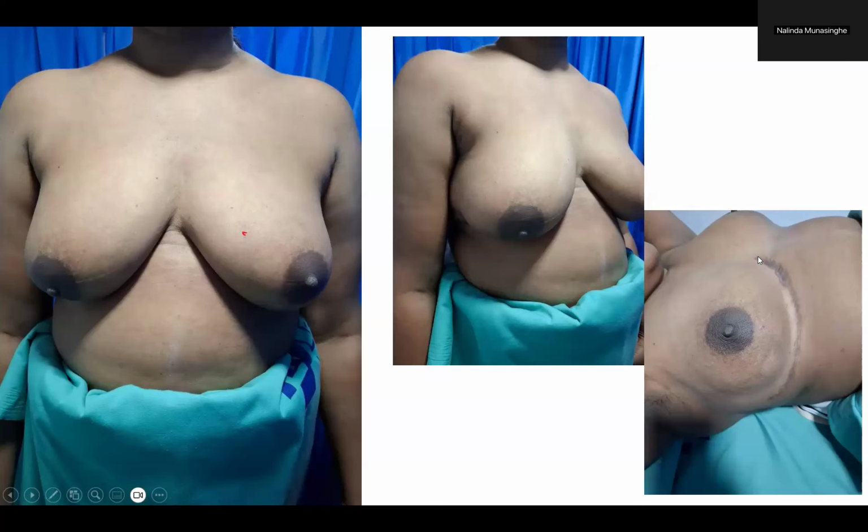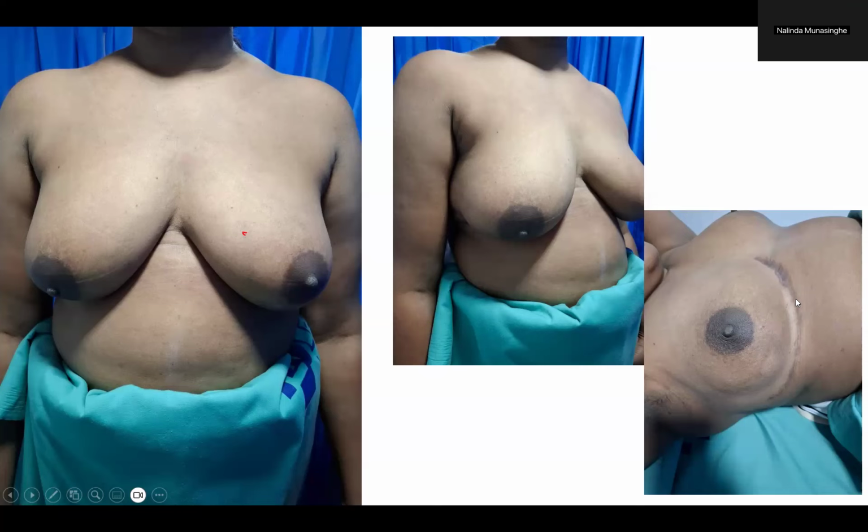So what we have done is we went in through the inframammary fold, lifted it up, removed the cancer, did a wide local excision, and there was a huge defect. You can imagine that there can be a huge defect here. But we have filled that defect with what is called the ICAP, the anterior intercostal artery perforator flap, one of the chest wall perforator flaps.